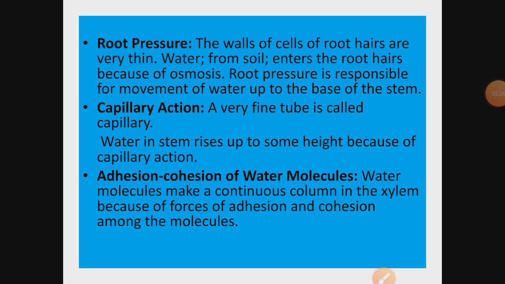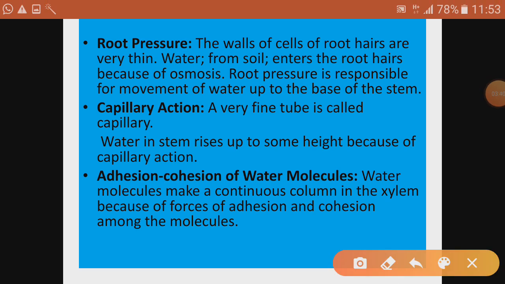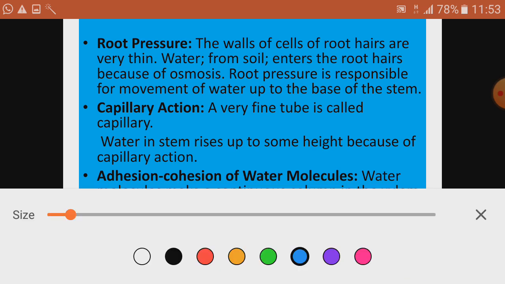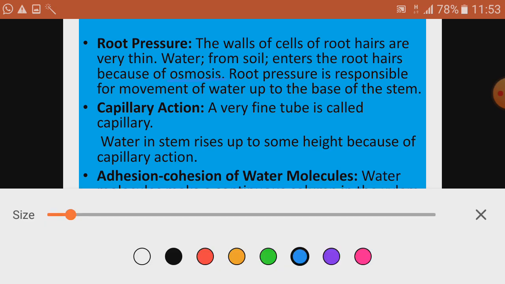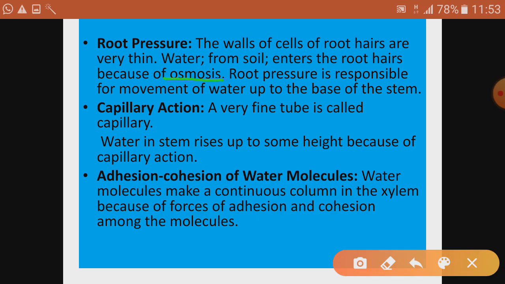Now the first theory related to how the water moves, or the ascent of sap, is the root pressure. We said that root hair absorb the water and mineral, that is sap, by the process of osmosis. Because of this osmosis, the roots absorb the water. Osmosis means movement of water from higher concentration.